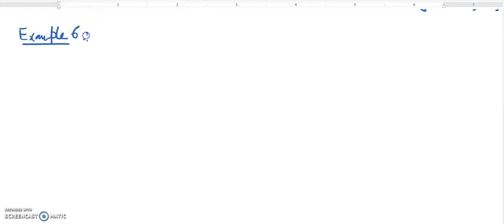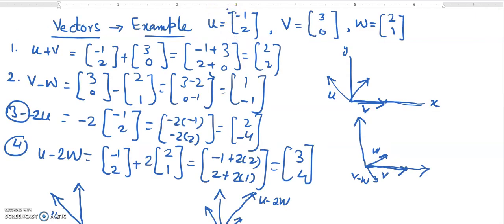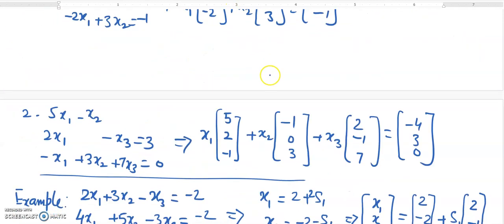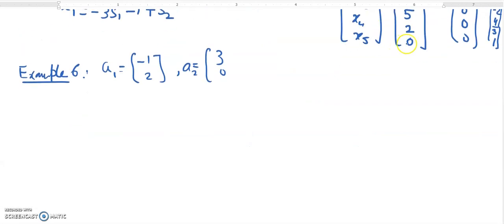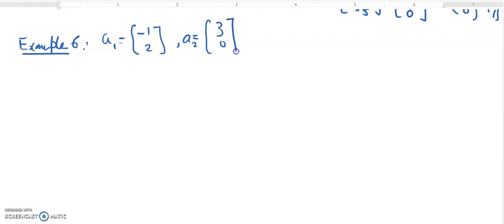If we have two vectors, a1 is (-1, 2) and a2 is (3, 0), and a vector b as (2, 1).